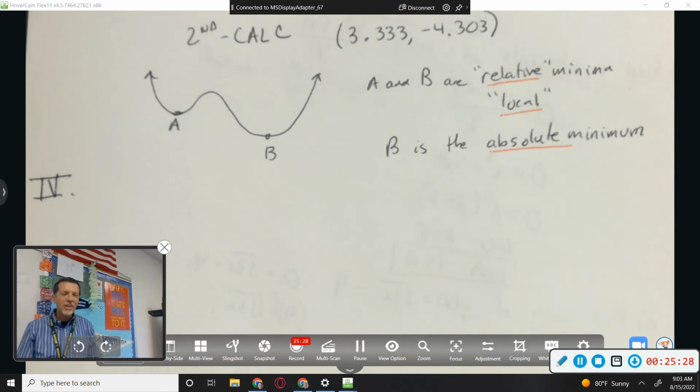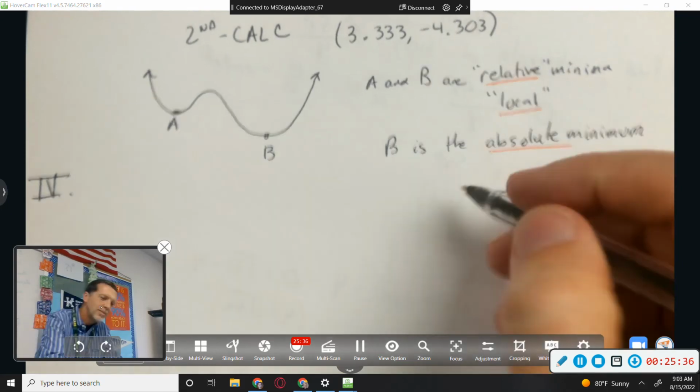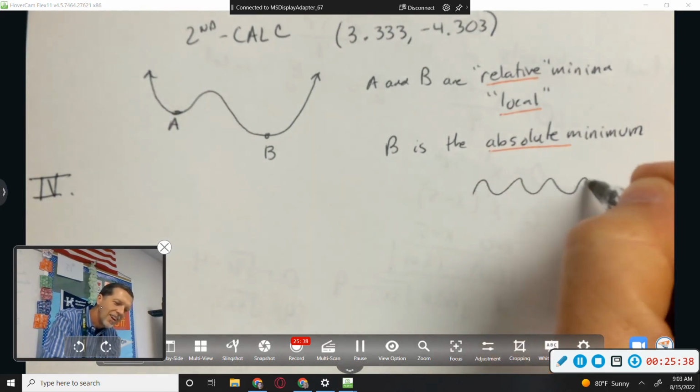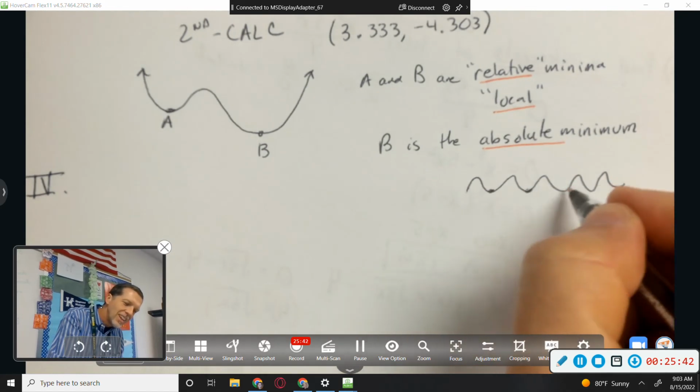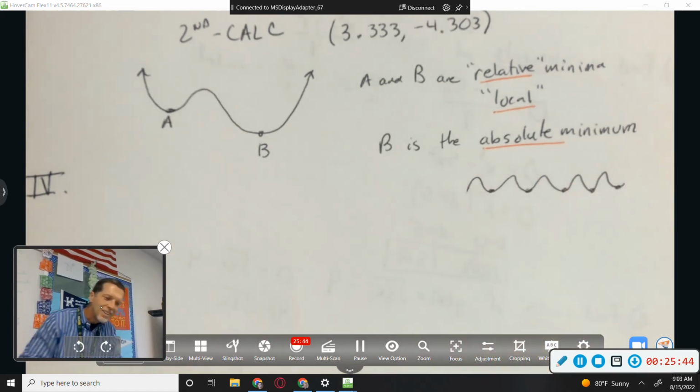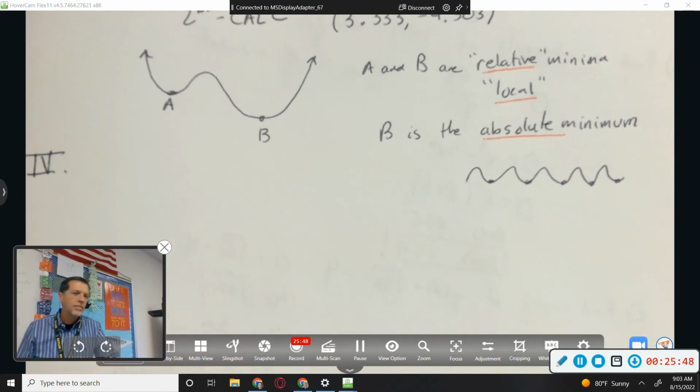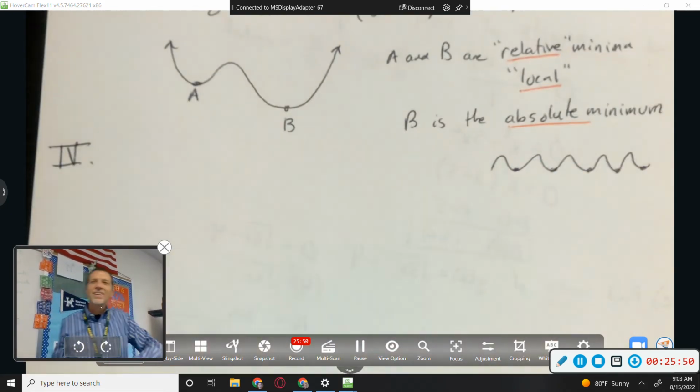Or if you think about the sine curve, you could have infinitely many if they all went to the same height. If you had a graph like that and it was neatly drawn, then all of those would be absolute minimums. We're not going to be worried about that.